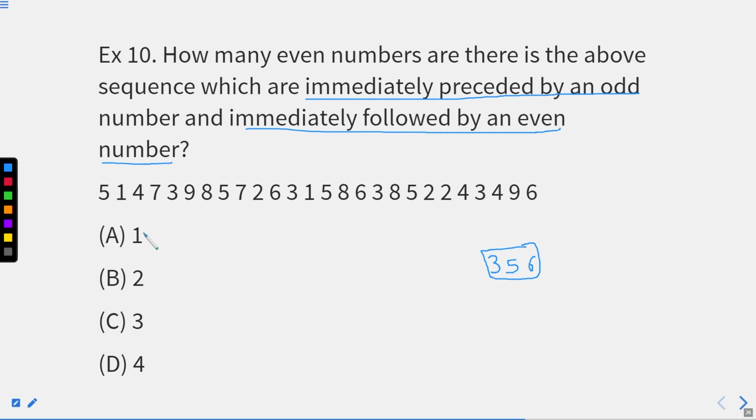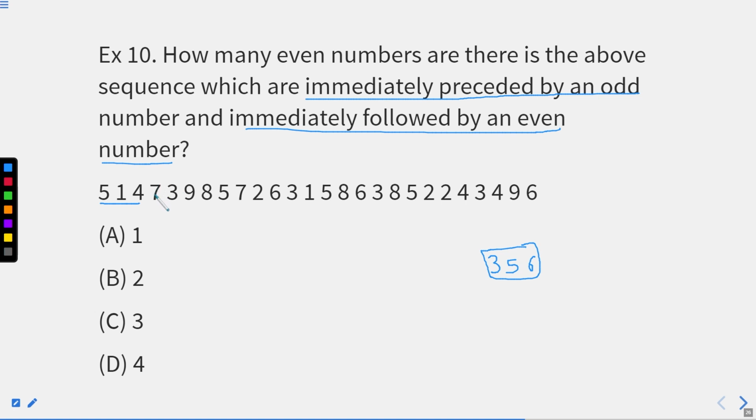So how can you start? You can start directly with the second letter. The letter 1 is immediately preceded by an odd number and followed by an even number. Formed a pair. Now if you look at 3, 3 is followed by an odd number and preceded by an odd number.